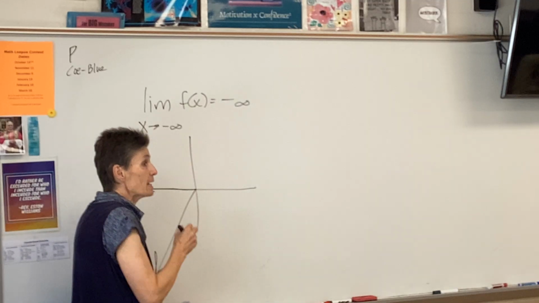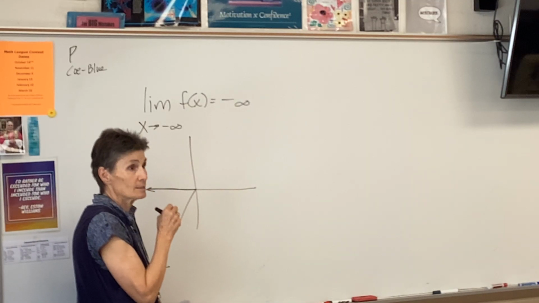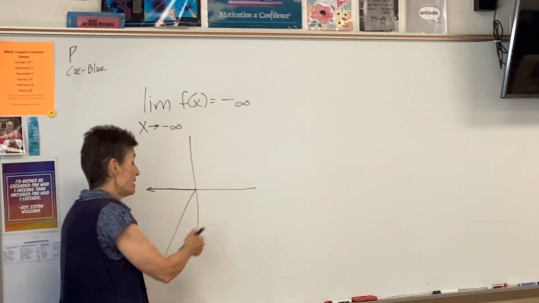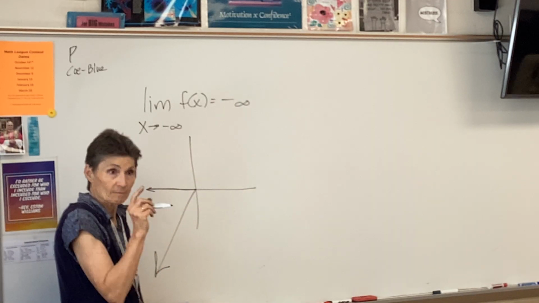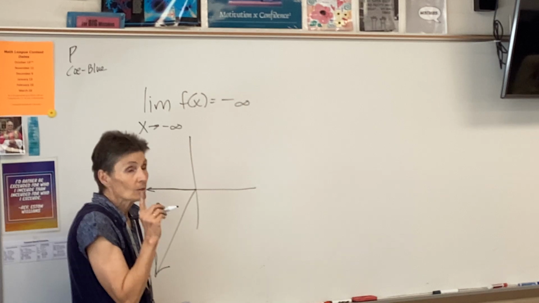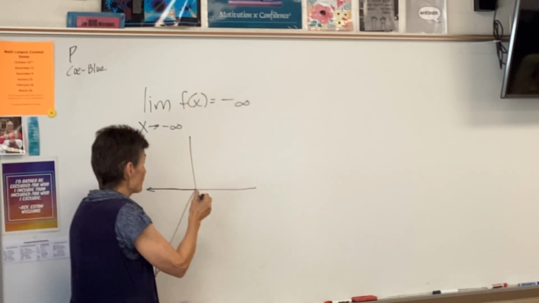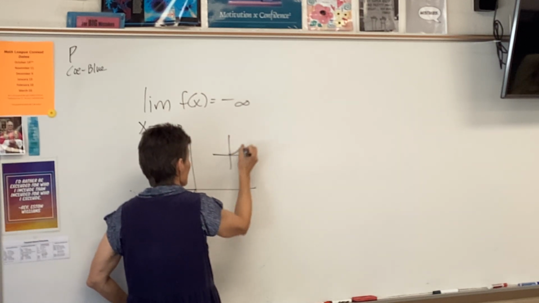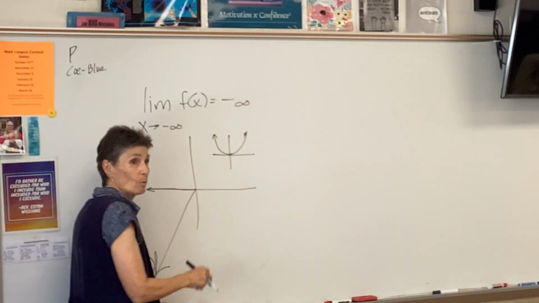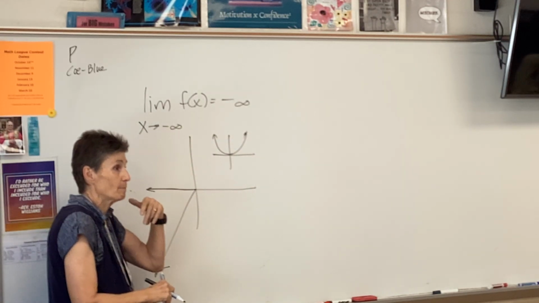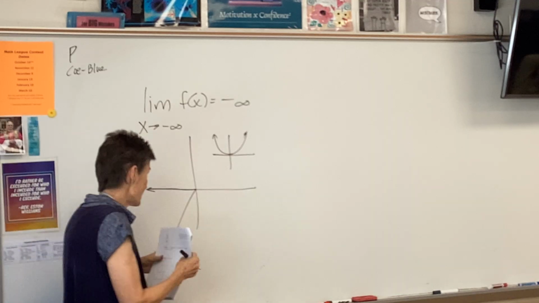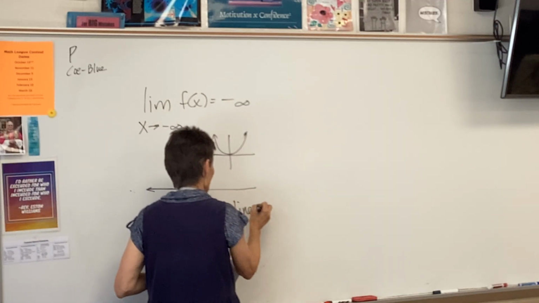So can you name 3 functions that behave that way? They have an arrow going down right there. Now be careful. The quadratic actually looks like this. So its arrow on the left isn't going down, it's going up, right? Linear or identity, that would be one of them.